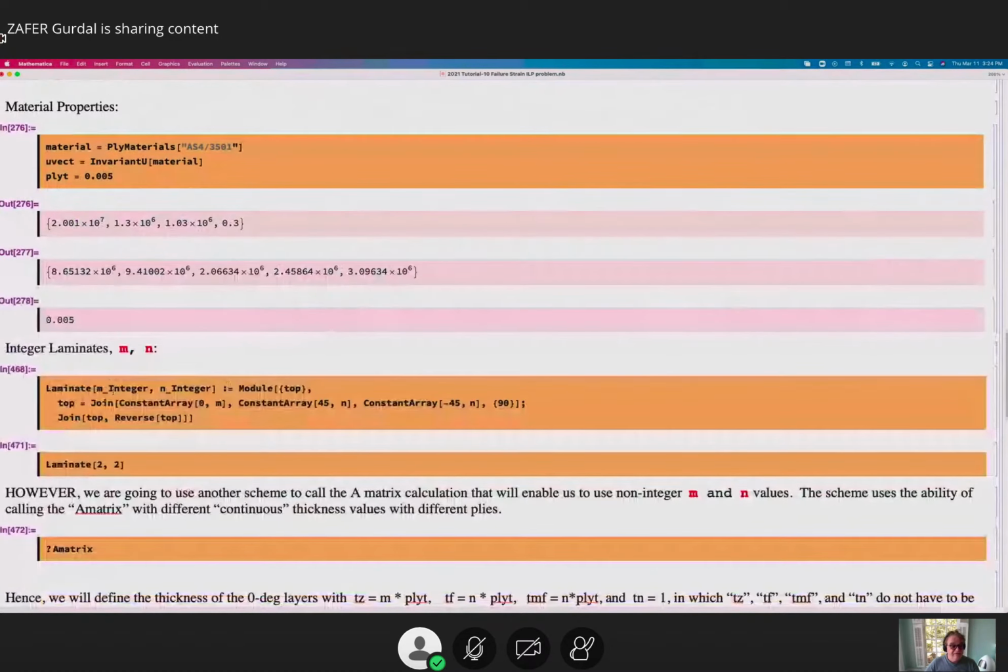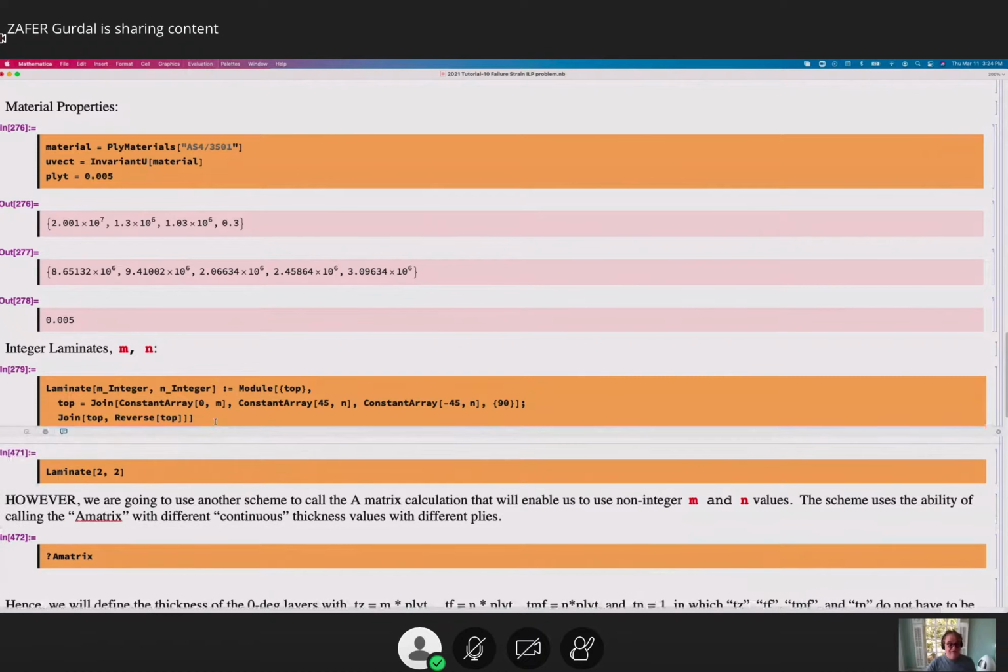So I'm going to write the same kind of laminate module that will take n layers of 0-degree plies and n layers of plus 45-degree plies and n layers of minus 45-degree layers and one layer of 90. So now this is a function that will give me the laminate for my specific problem.